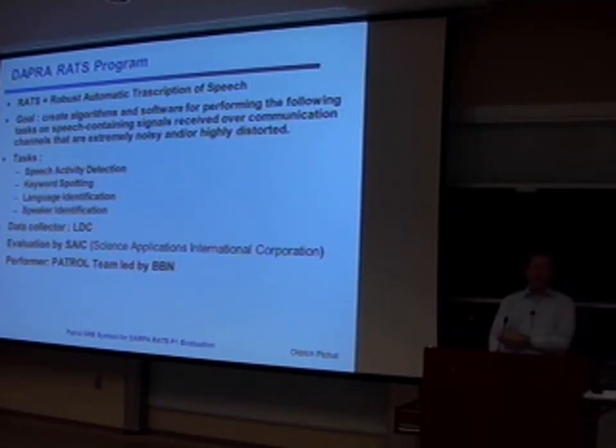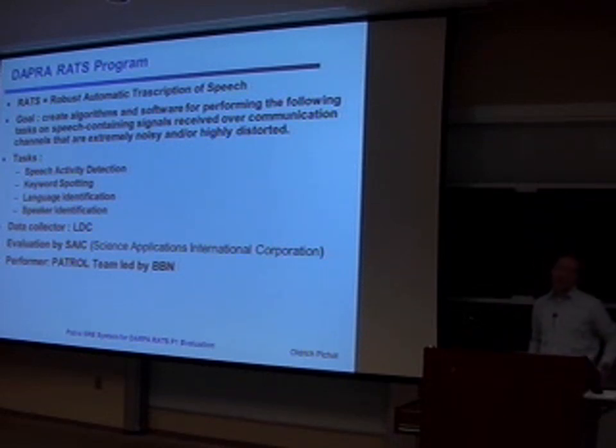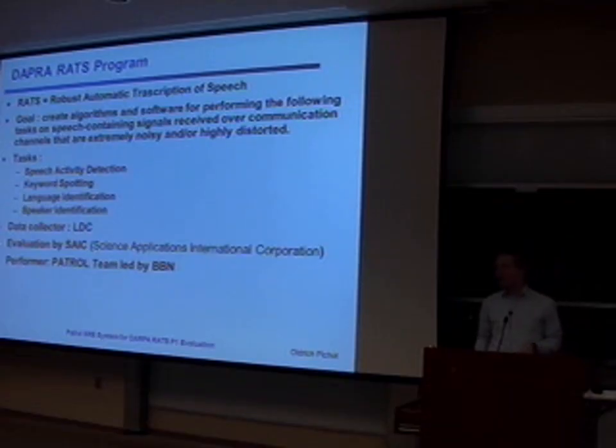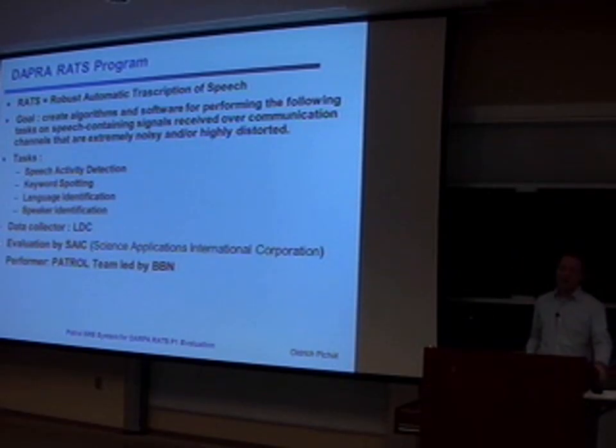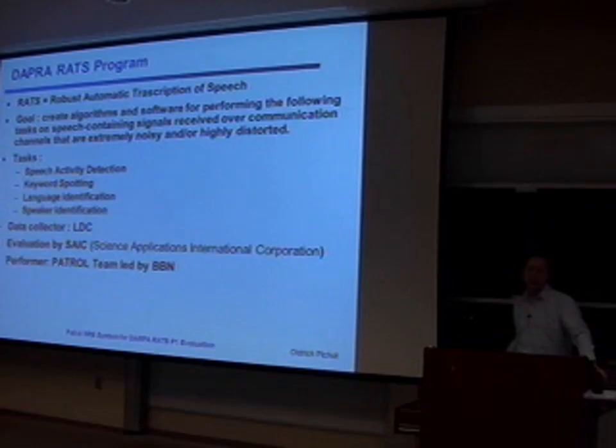The RATS program is not only speaker ID. There are several tasks. There is speech activity detection, which is quite an important task, because if you don't have a good speech activity detection, your speaker ID or language ID system will probably not work that nicely. Then there is keyword spotting and, as I told you, language and speaker identification.